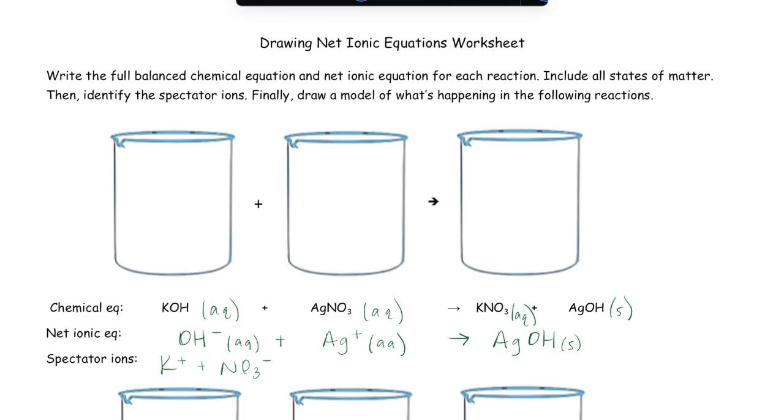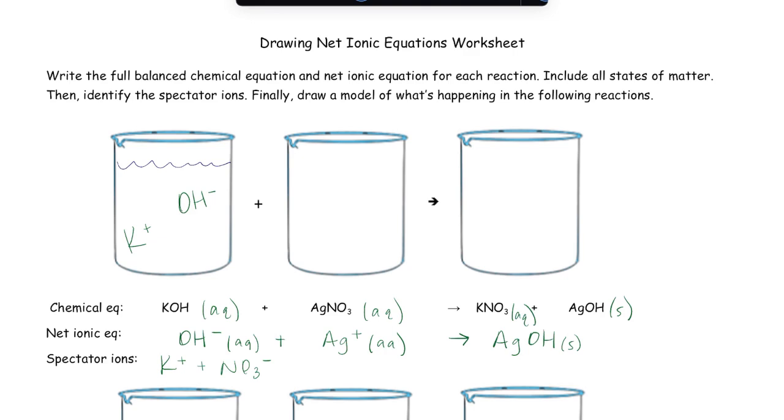Now let's draw a model of what's happening. So what happens when we put a solid potassium hydroxide in a beaker of water is it breaks apart into the ions. And the ions it breaks apart into are potassium and hydroxide. Now what's important when we draw them is that we draw them in the correct ratios.